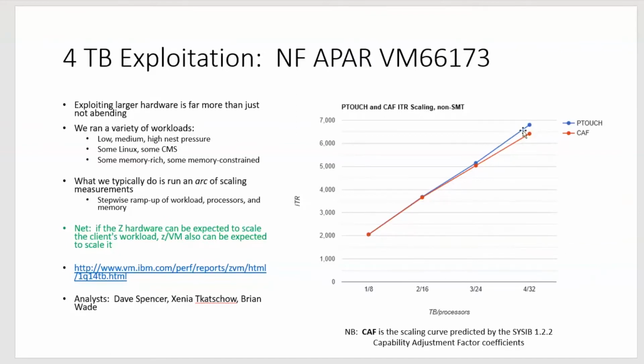I'm very happy with the scaling behavior of the 4 terabyte line item, and I put the net right here in green. If the Z hardware can be expected to scale the client's workload, z/VM can also be expected to scale it. The z/VM control program is not a barrier to scaling. It's between your workload and the hardware. Dave, Xenia, and I all together worked on this, and I was very happy with the result.